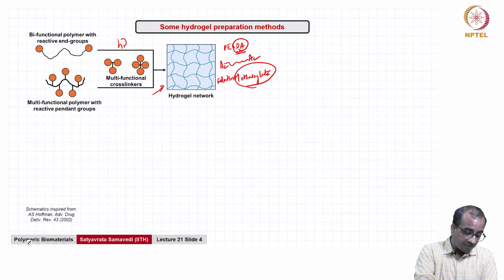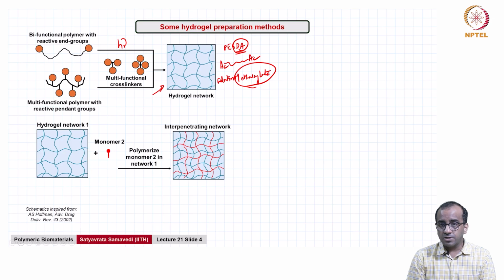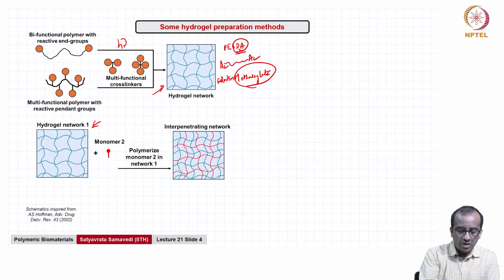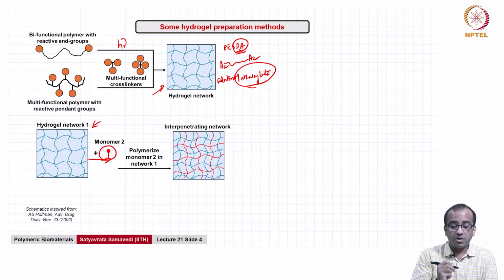You can also have something called an interpenetrating network, as we saw on the previous slide. So, here what happens is when you want to have two different groups or two different chains that can form the network, what typically you can do is you first form one hydrogel network as shown here. Then what you do is you swell this hydrogel network in a solution containing monomer 2 for a different network.